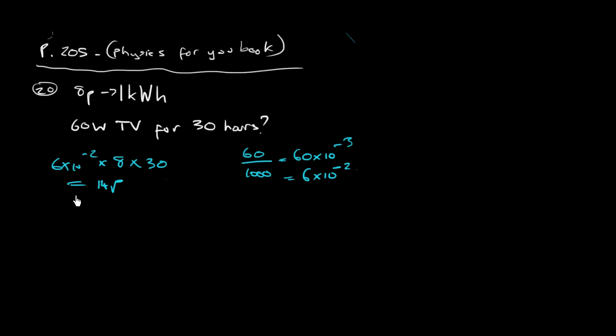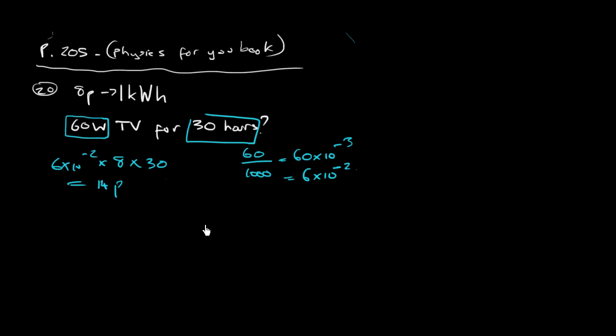It's a little bit more intuitive, but a more systematic way would be to say, okay, I'm going to write this in kilowatts, and this in hours, and it's already in hours, so that doesn't need changing.